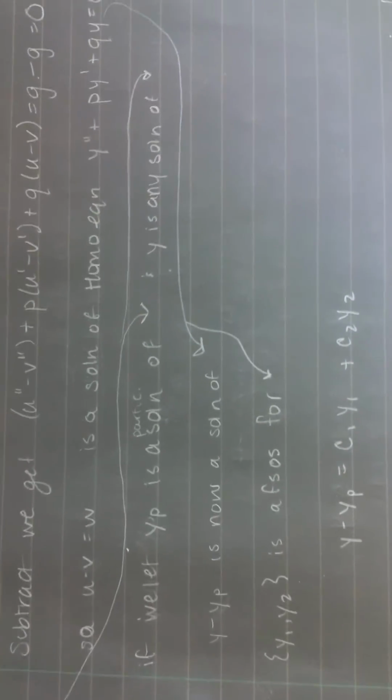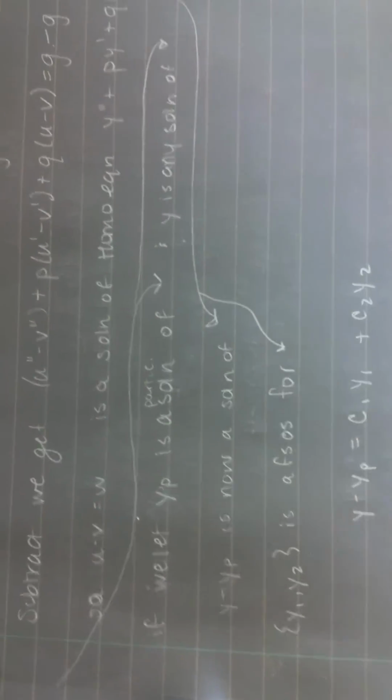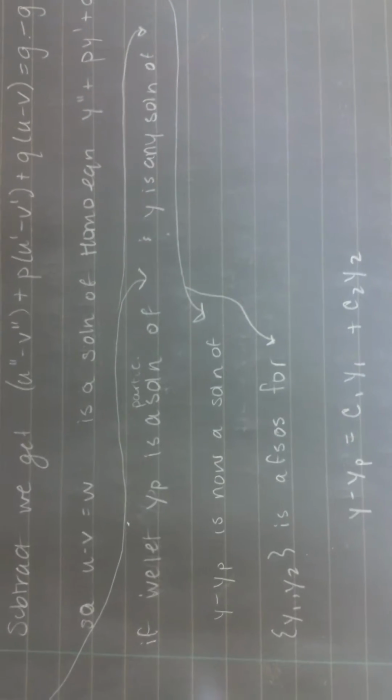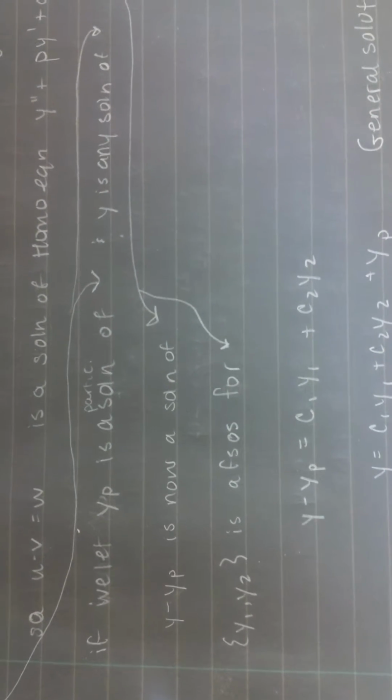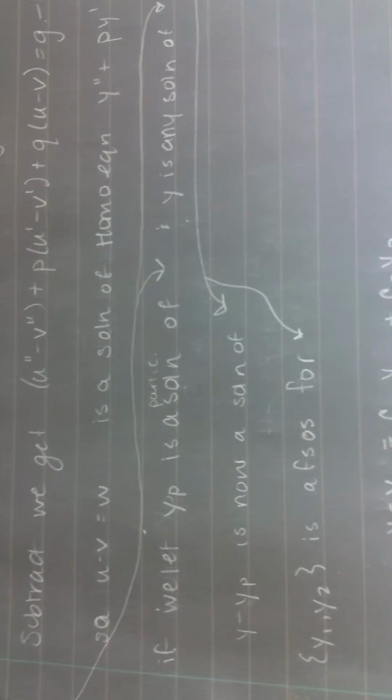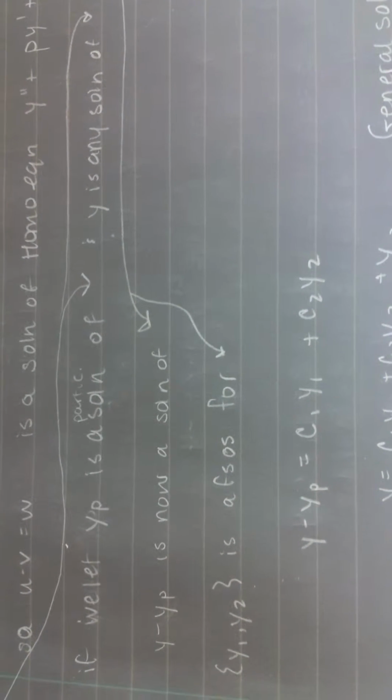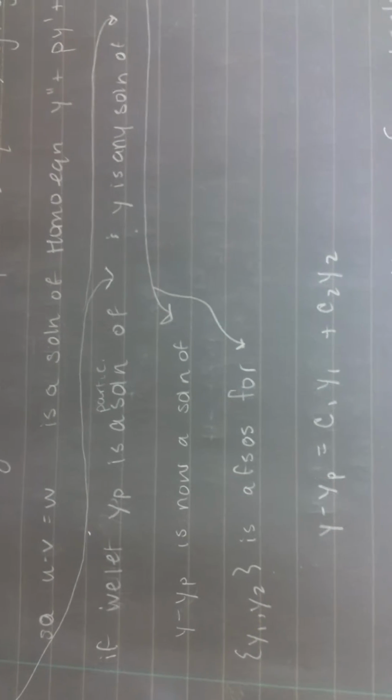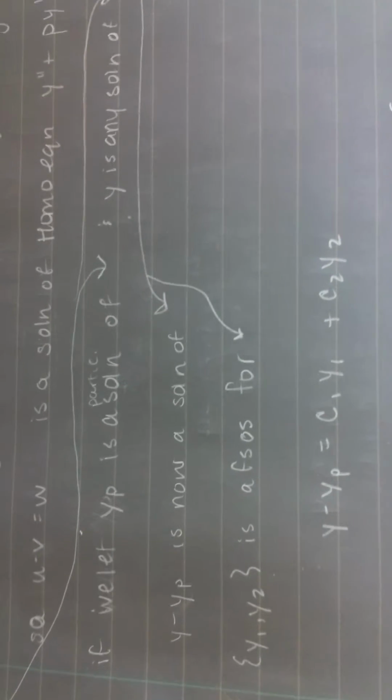If we then let our particular solution, as opposed to our complementary solution, which we're going to talk about in a second, if we let y sub p be a particular solution of that original y double prime plus py prime plus qy equals g, our linear non-homogeneous equation, and y be any solution of that as well, then I know that y minus y sub p is now a solution of our homogeneous equation.